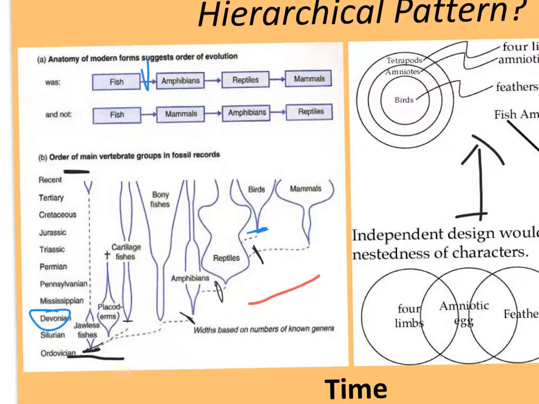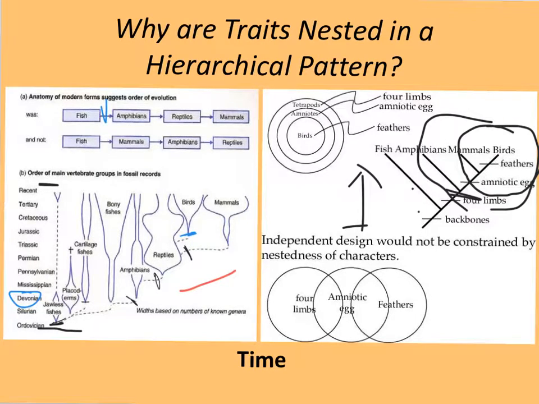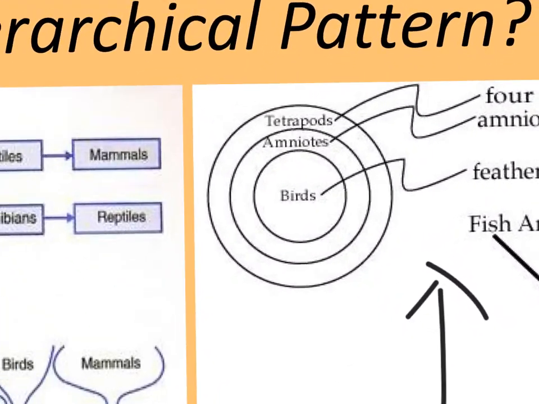So a nested pattern means certain traits found within a group that only a certain group has, compared to relatives that all have other traits. Let's look at this nesting pattern. Tetrapods are the oldest. They have 4 legs, all of these have 4 legs.